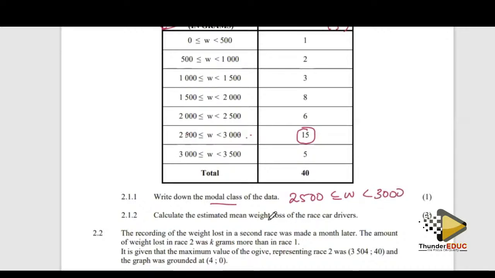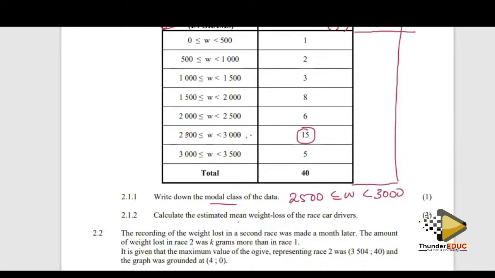Then they want us to calculate the estimated mean weight loss of the drivers. Okay. So remember, it's a process that was done way back in grade 10, but I'll just try to push it there first. Okay, so we had the X, which X was the midpoint of the class intervals.